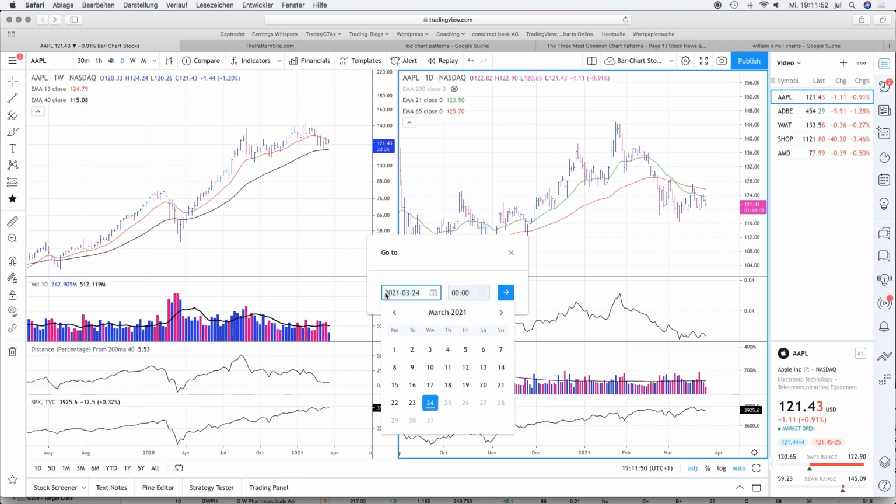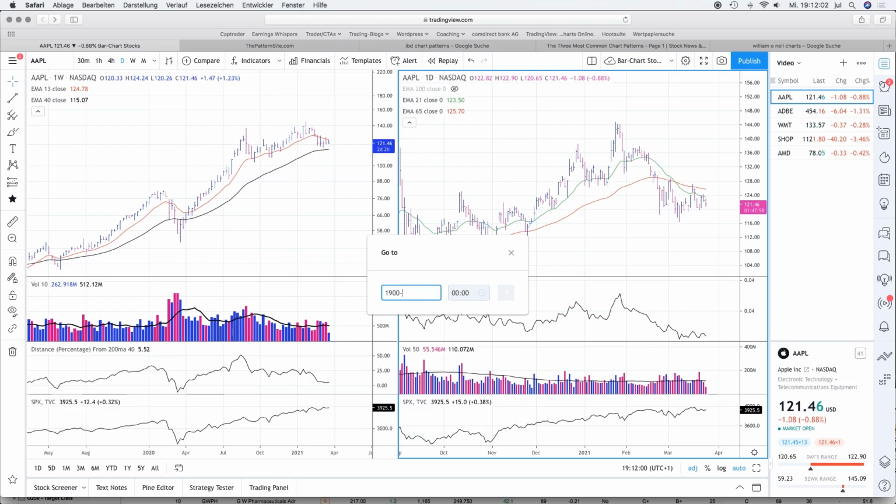And if I want to go back, for example, to the first bar or first candlestick, I easily type in 1900 and the 1st January, because most stocks do not have any chart history before 1900. So this is the first bar or the first data in almost any stock.